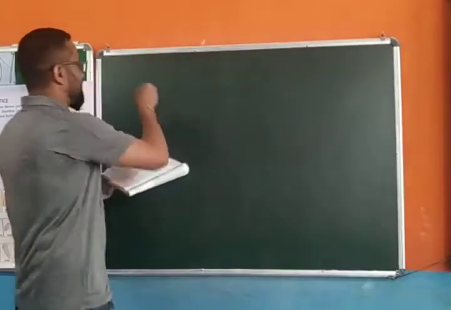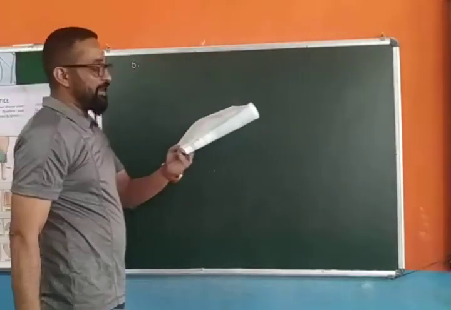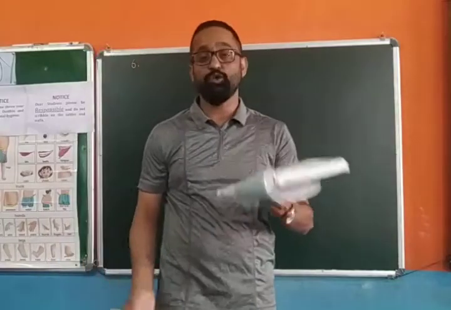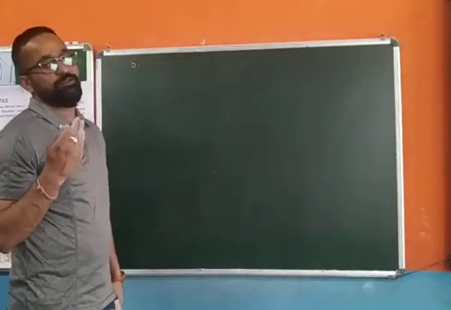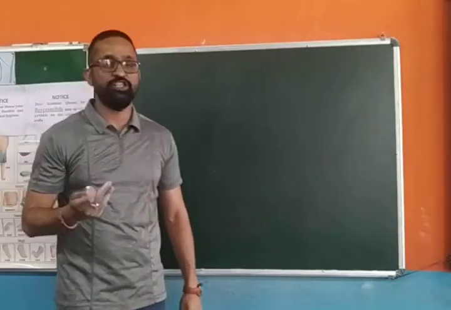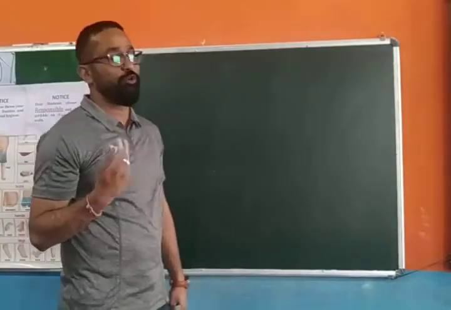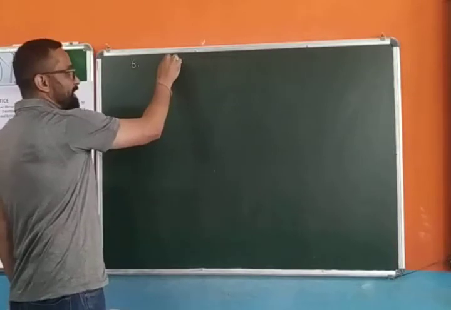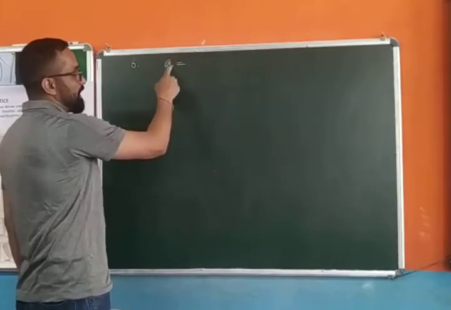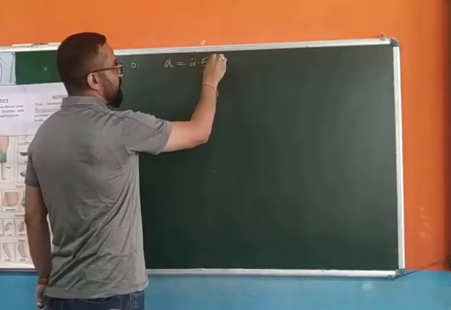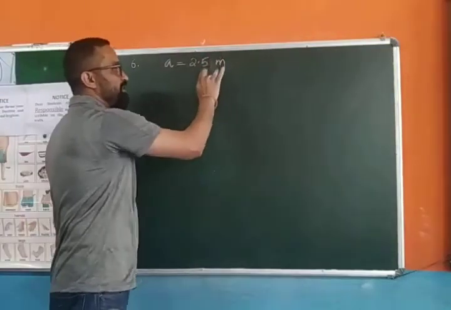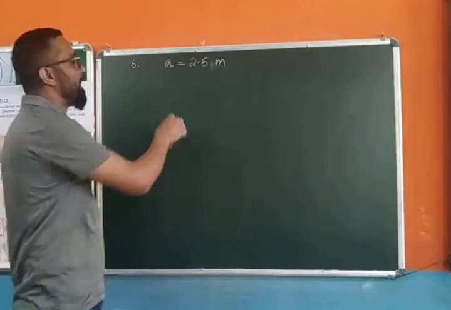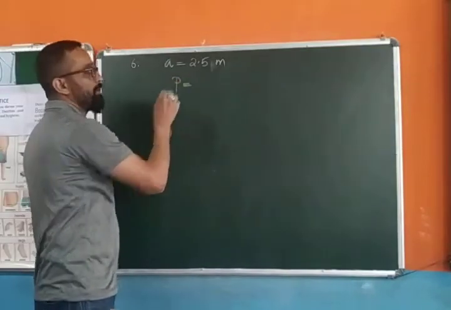Question number 6. Find the perimeter of a square whose side is 1.6. I'll change it, let's take it as 2.5. So side is represented by A, 2.5 meter. Question says calculate the perimeter.